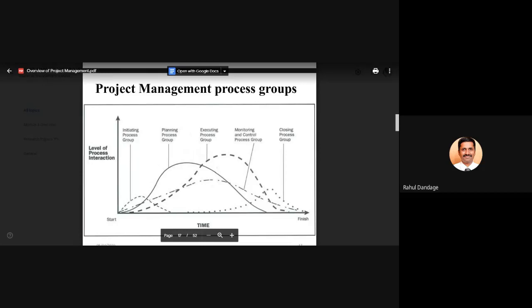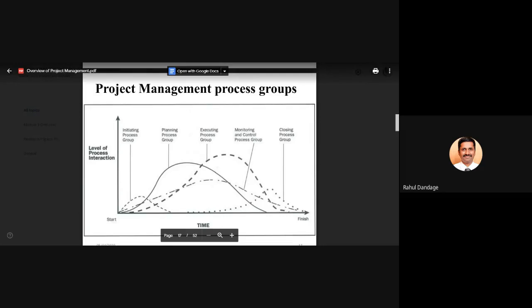We have started with module number 1, that is overview of project management, and we have tried to understand the project management process groups as well as the project management knowledge areas as given by the Project Management Institute (PMI) in their handbook, the Project Management Body of Knowledge, that is PMBOK.